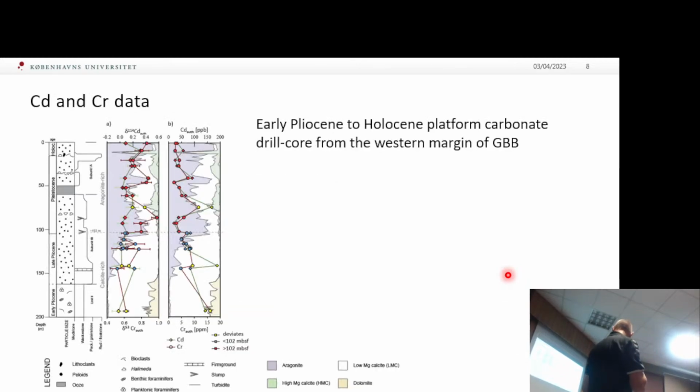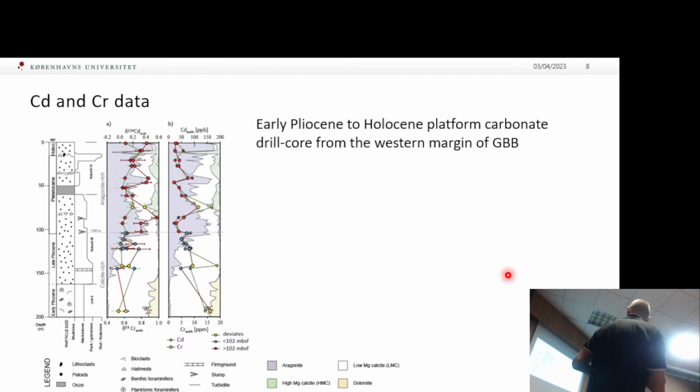So here's the profile of Bahamas with different lithology, and here we have cadmium isotopes and chromium isotopes. The chromium are the circle ones. I don't know, it's difficult to see, it's a little figure I can see, and the diamond forms are cadmium. The red ones are aragonite samples, and the blue ones are calcite samples.